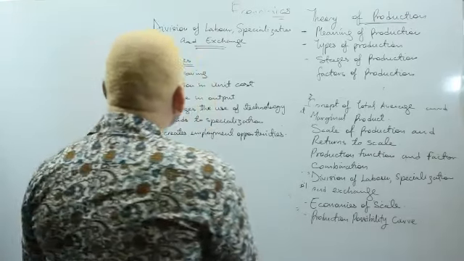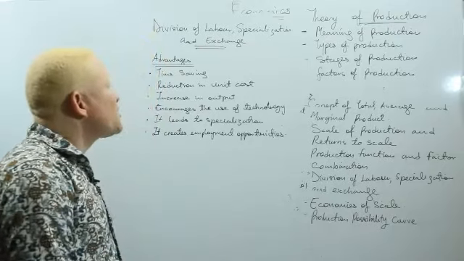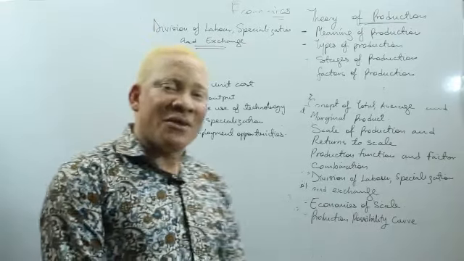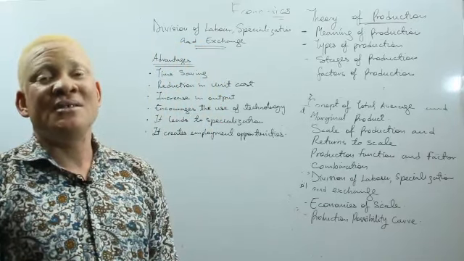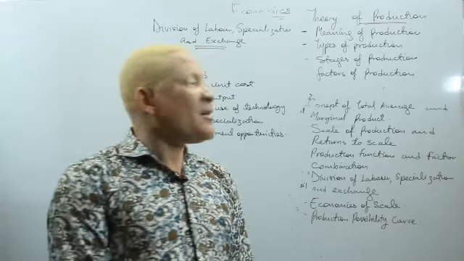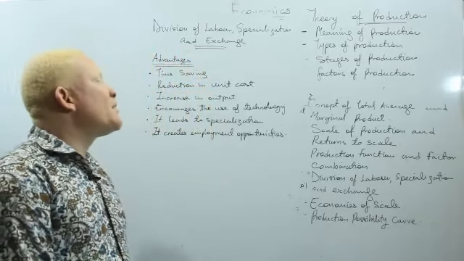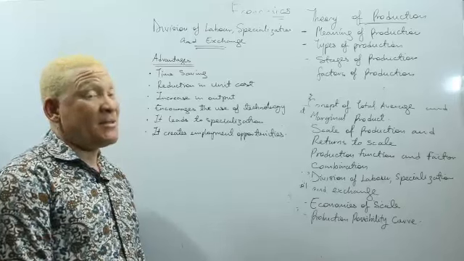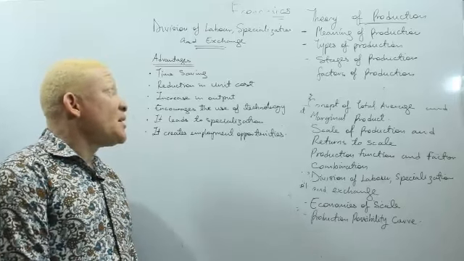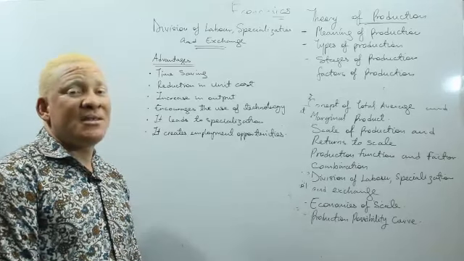Now, the second one, reduction in unit cost. This arises from increased volume or increased scale of production. When division of labor is applied, there is likely to be increased scale of production.